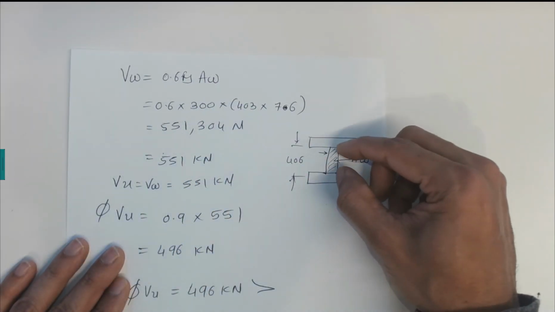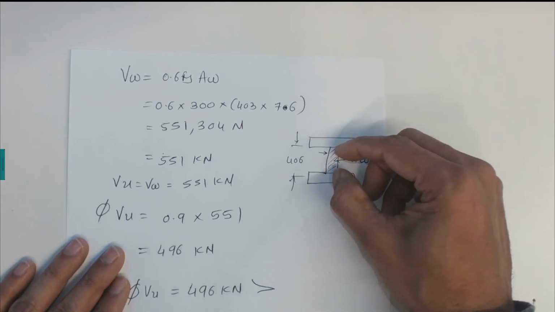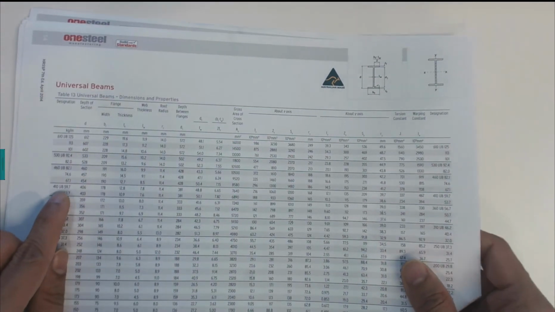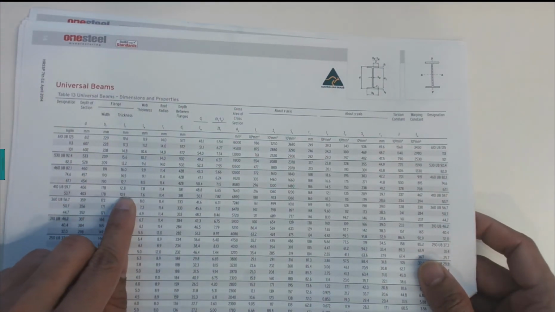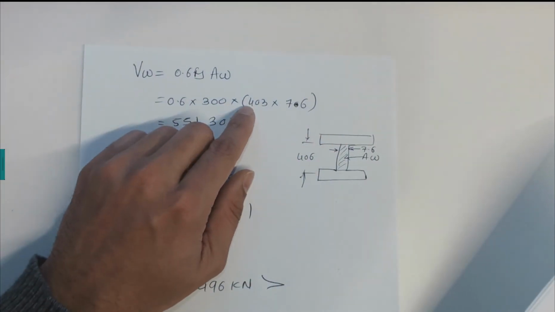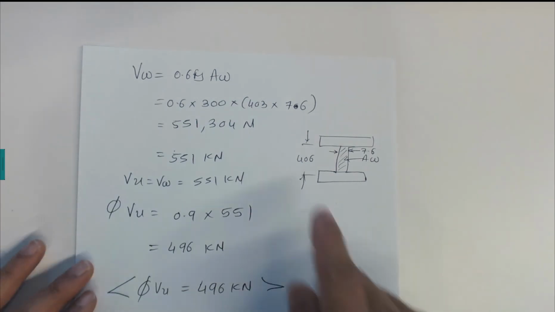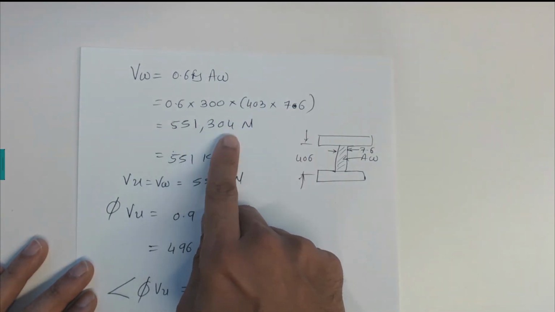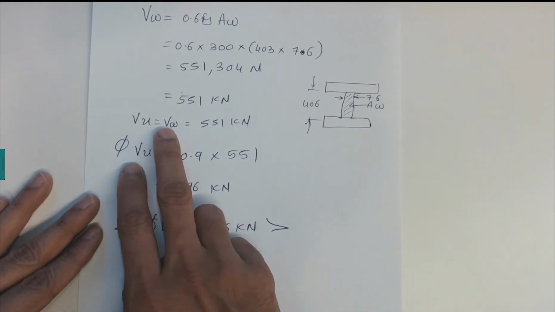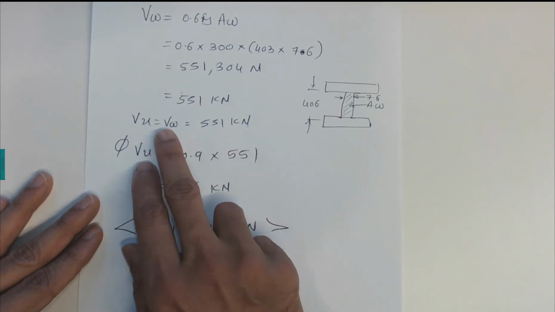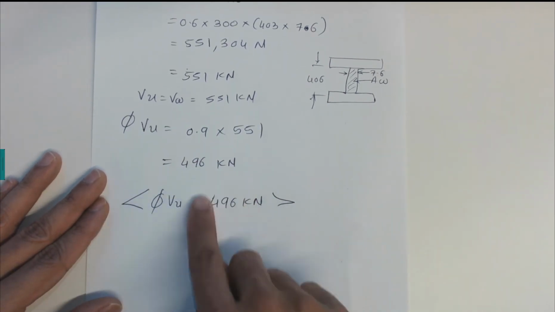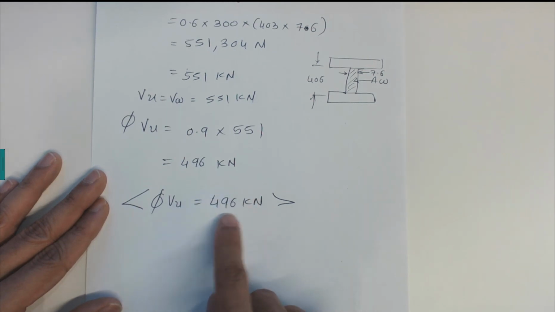For the 410 UB 53.7, the depth is 403 times 7.6, divided by thousands, which gives 551 kilonewtons. So Vu equals Vw, which is 551, multiplied by the safety factor gives 496. That is the shear capacity of the given steel beam, 496 kilonewtons.